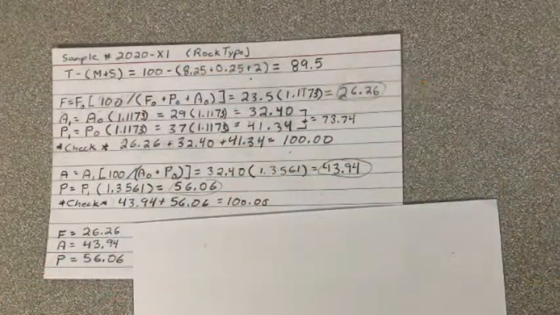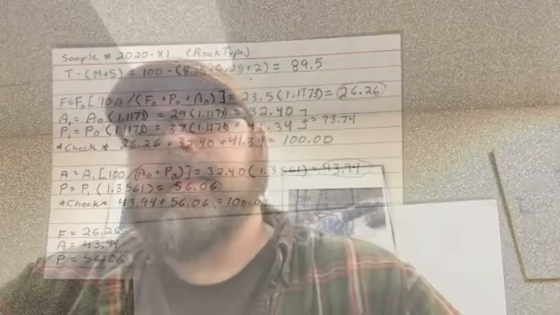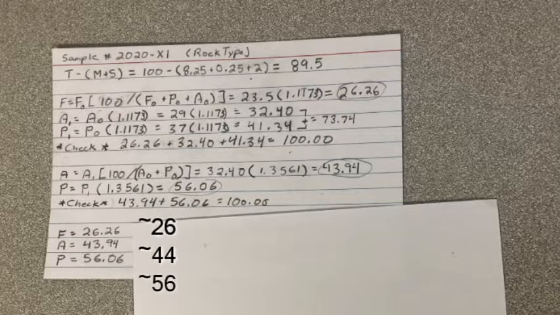You should do that, like the 1.1173 that you saw, that kind of thing. And then carry it to 2 decimal places when you run it through, and then at the very, very end, round those 3 numbers to whole numbers if you want. Instead of 26.26, it'd be 26, and then 44 and 56.